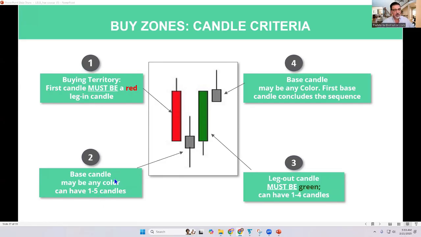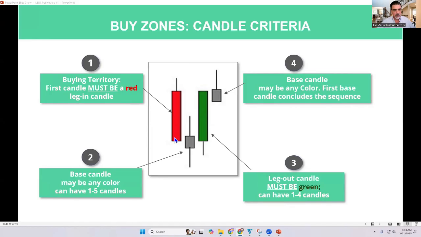Then you have your leg out candles. They must be leg candles and all green leg candles. You can have up to 4 leg out candles, most commonly 1 to 3. The first base candle after the leg out concludes the sequence.